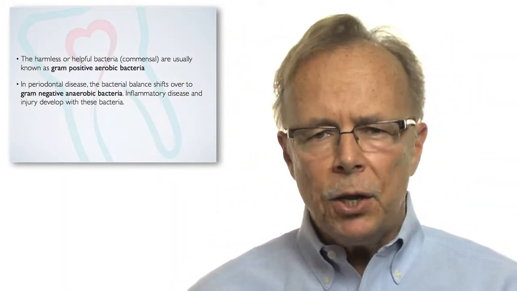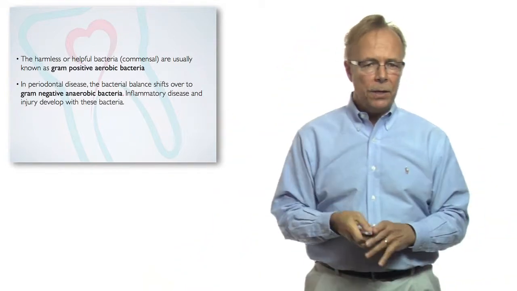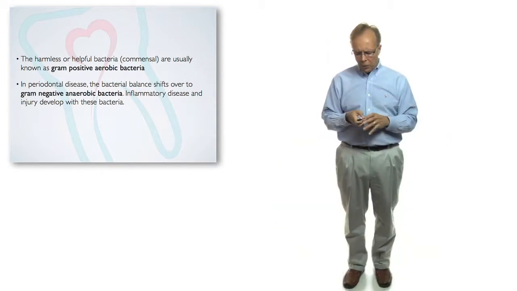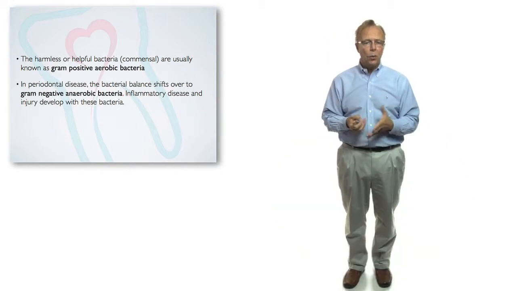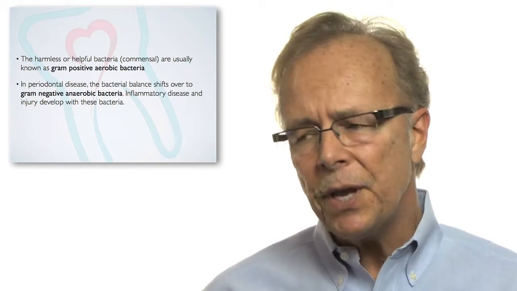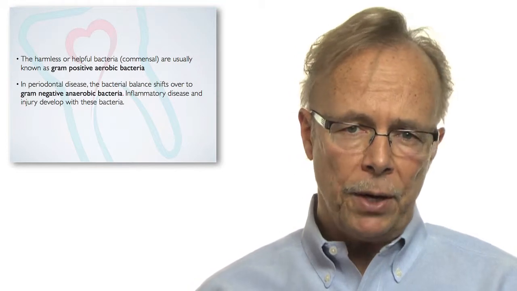Like I said before, we know of over 500 bacteria in the mouth. They're part of our digestive system, they're part of our oral flora. There's a symbiosis going on there, a positive versus the negative, and the host, that is a good thing. And most of those are gram-positive aerobic bacteria.